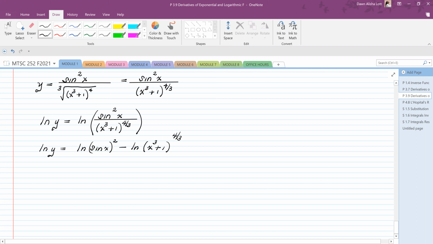Well, that's looking better already, because now I can bring the 2 down and make it 2 times the log of the sine of x. And I can bring the 4/3 down and make it 4/3 times the log of x cubed plus 1. Now that right there is so much nicer than what I started with.